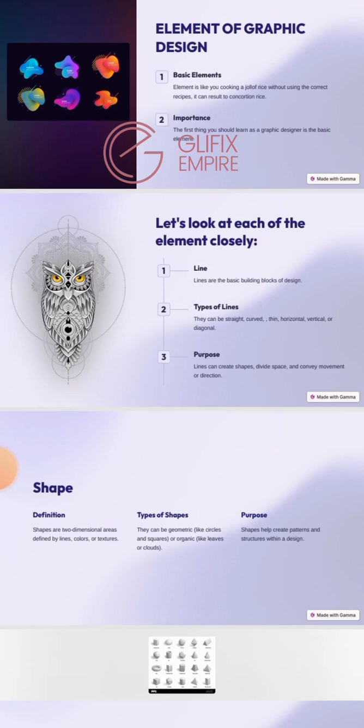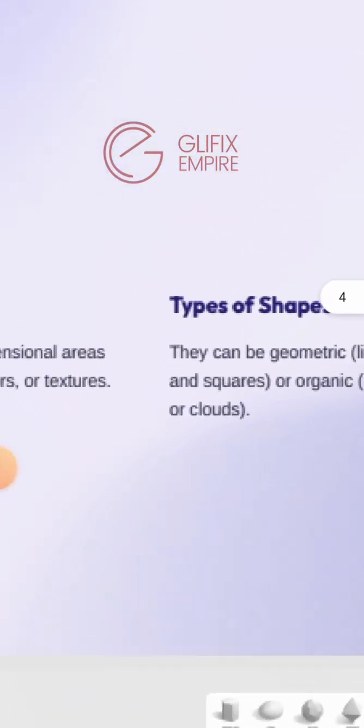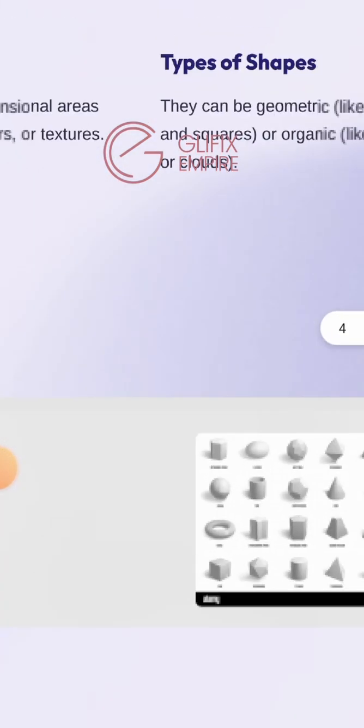Talking about shape, shapes are 2-dimensional areas defined by lines. Remember I mentioned line earlier. It is defined by line, and it can also be defined by color or texture. When you look closely at this, it's not so clear, but we can see lines. We can see color. They use color as a shadow that can make us feel that these things are real. So colors add feeling to the shape.